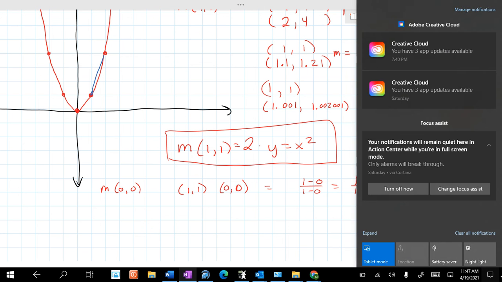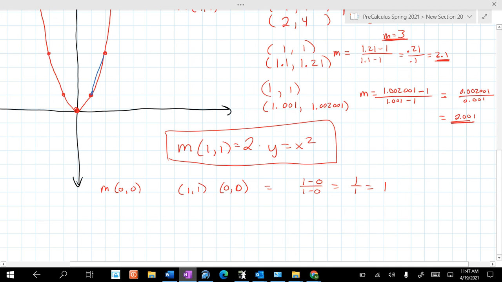You might think my slope is 1 here at this point right down here? Probably not.